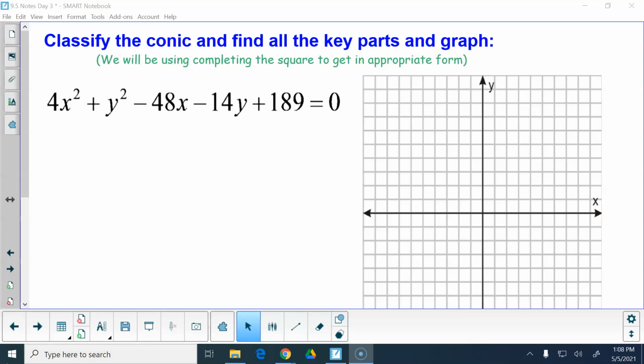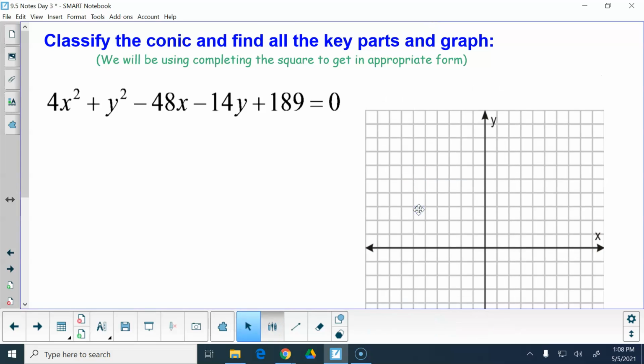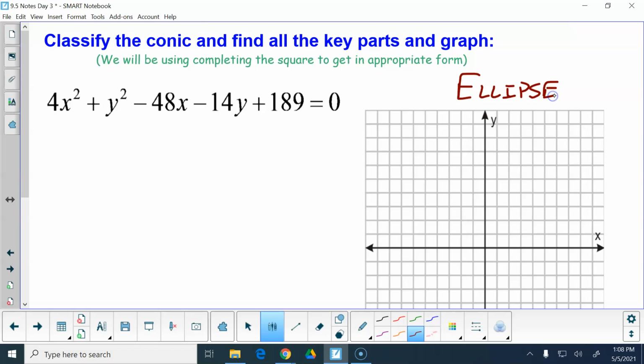It's addition, right? Yep, exactly. So we've got addition of our two squared terms, okay, and we have different coefficients, and that makes it an ellipse. So this is an ellipse.